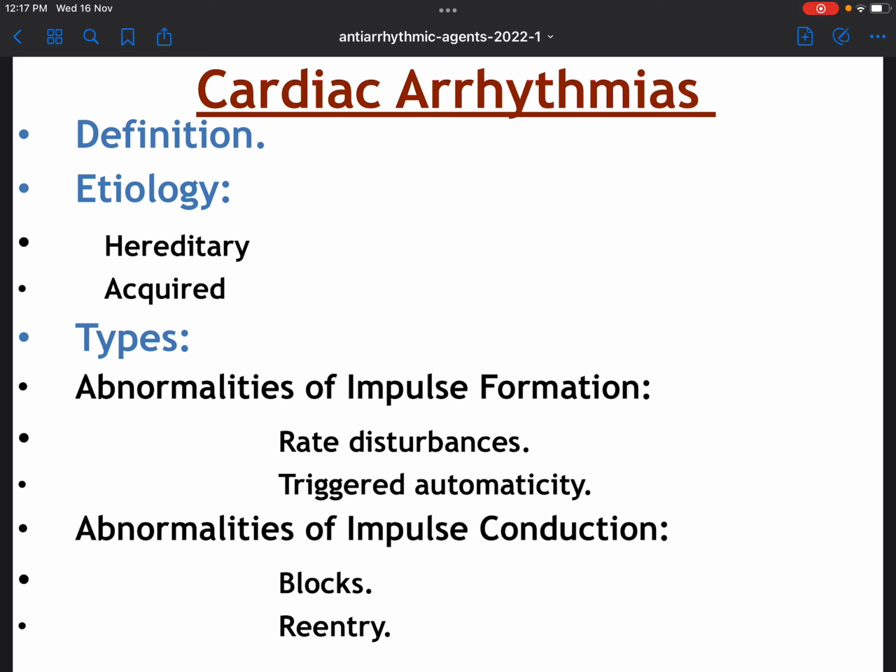We know we have the AV node, conducting the signaling between the atria and the ventricle. We can have a block there, or we can have a block anywhere in the heart. And these blocks sometimes can cause the formation of something called a re-entry cycle, so the electrical activity keeps going on at the same point over and over again.